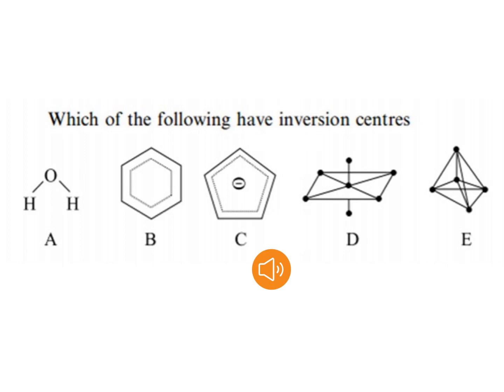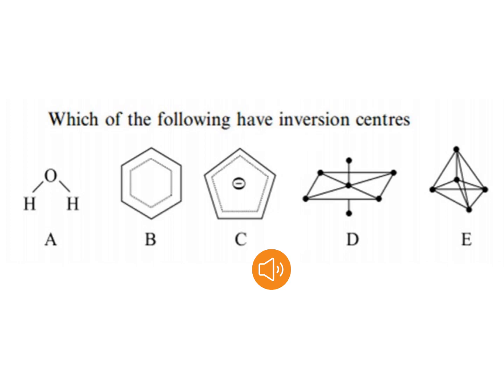Then we move forward to molecule B. Benzene has a center of inversion, because if we travel from the middle to one side and then move in the opposite direction, there is an atom on the other side of the molecule, so benzene has an inversion center. Then molecule C, cyclopentane.